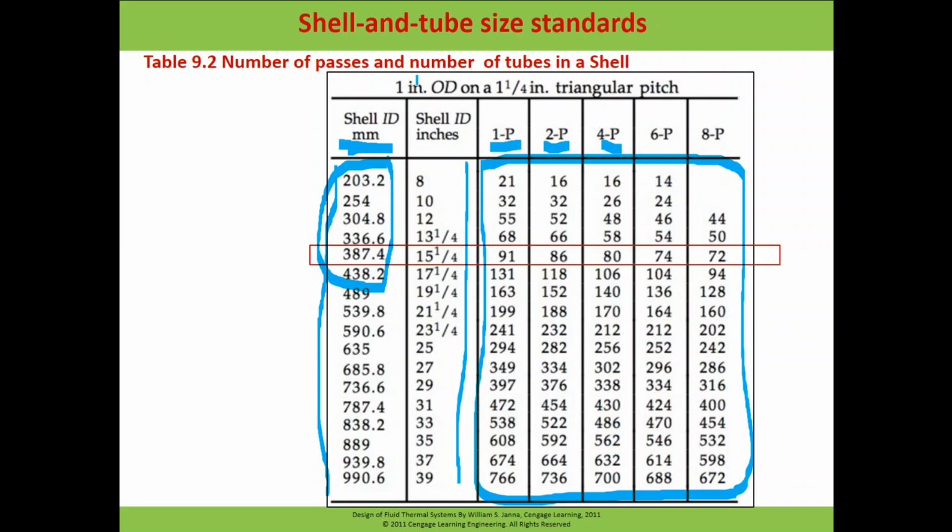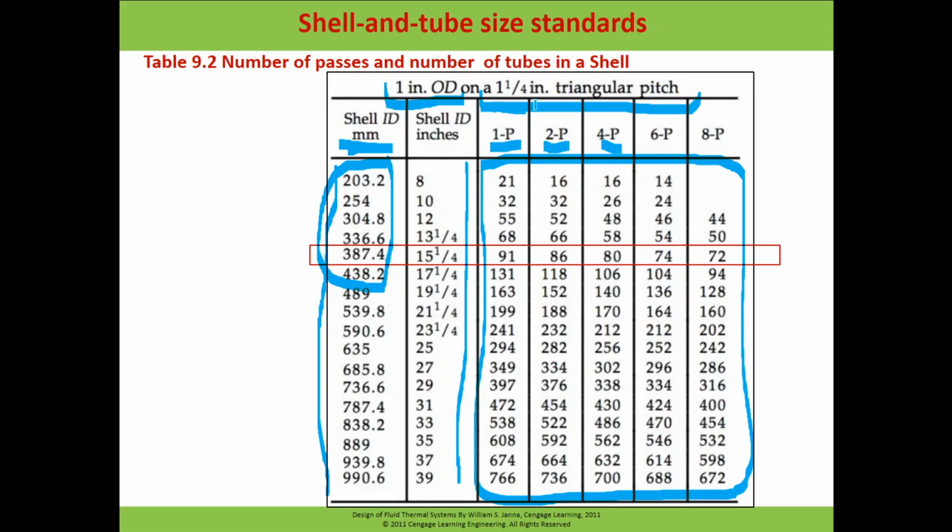So remember what the tube diameter is. This table is indicating that the tube outer diameter is 1 inch, and the tubes are placed in the shell in a triangular pitch, and the pitch is 1.25 inches. So we have the shell inner diameter, the tube outer diameter, and the pitch of the tube arrangement.